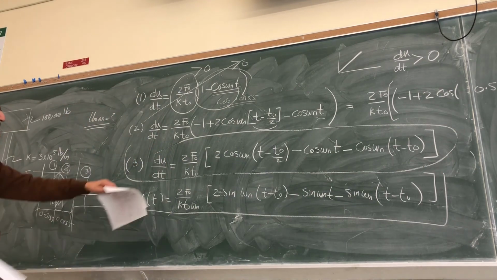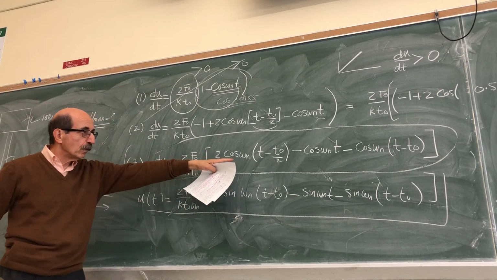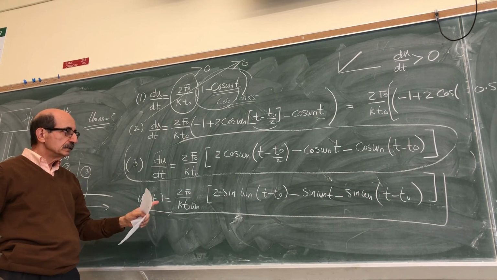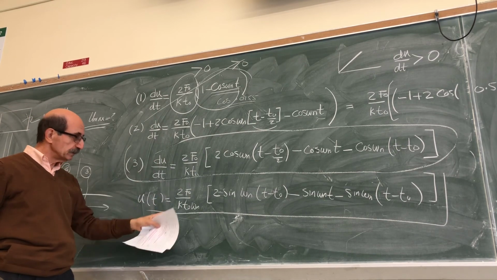I want to set this equal to 0, find t, put it into this equation.